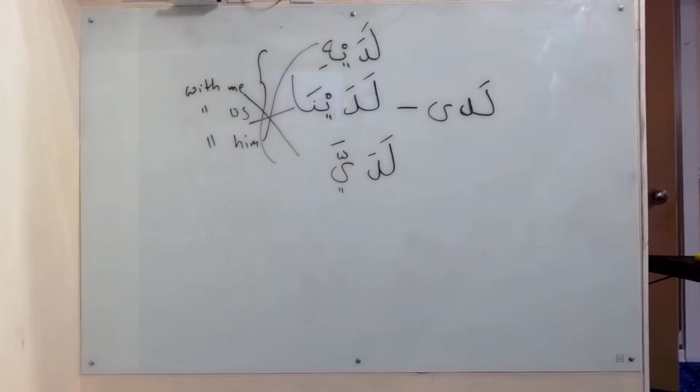Aina duyuf? Where are the guests? Fi ghurfatil julus. Fi, in; ghurfa, room; julus, sitting. In the room of sitting.